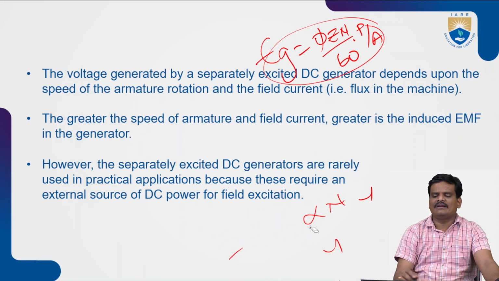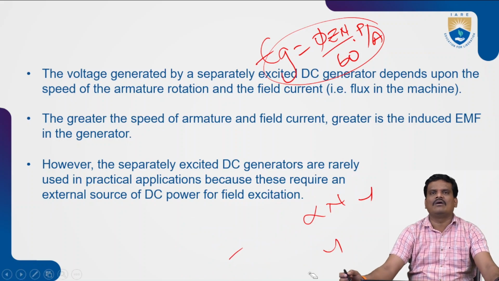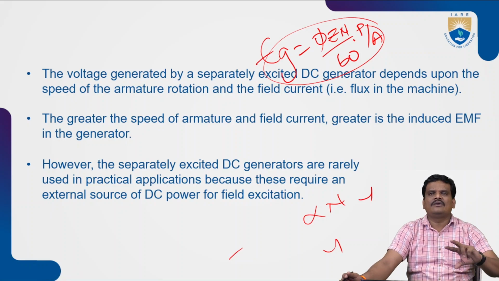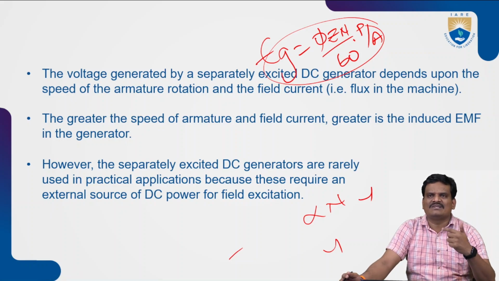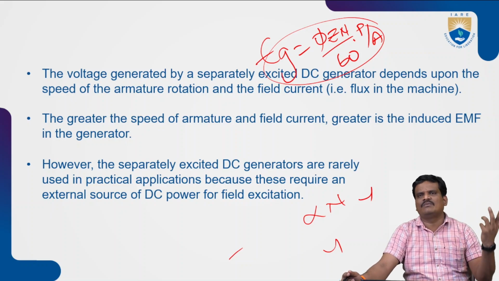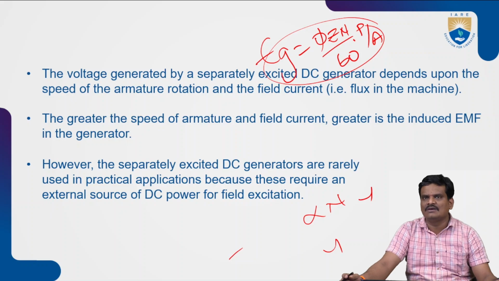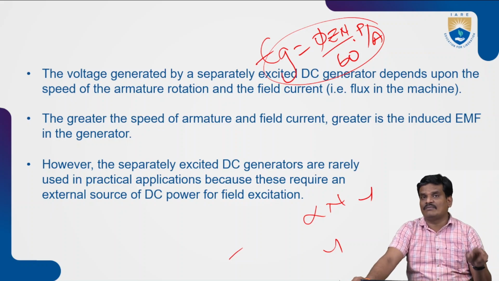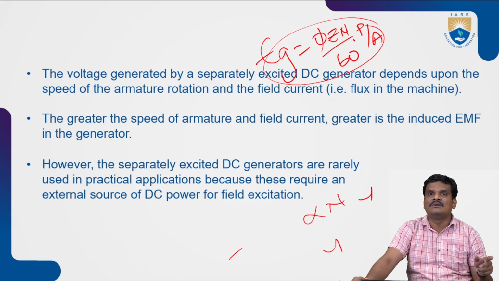However, separately excited DC generators are rarely used in practical applications because, in order to excite the field winding, we need an external source like a battery or some other power source for the field excitation. This is the major disadvantage when compared to self-excited DC generators.